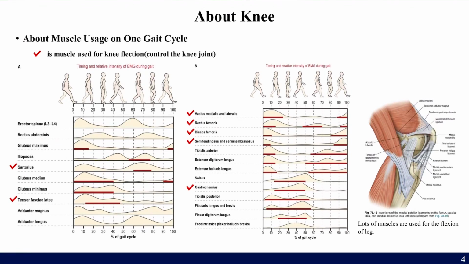And this is the EMG level profile of the gait cycle. The red checked profiles are the muscles that controls the motion of the knee. So there are lots of muscles that controls the motion of the knee.